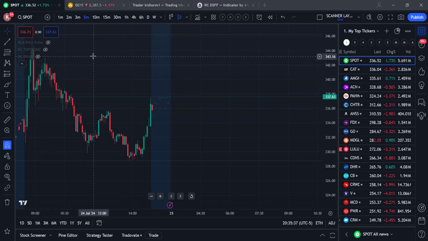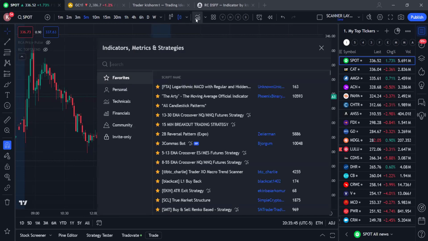So is it making sense? Now let us look at some other, right? For a bearish example, right? As of now, we saw some bullish examples.